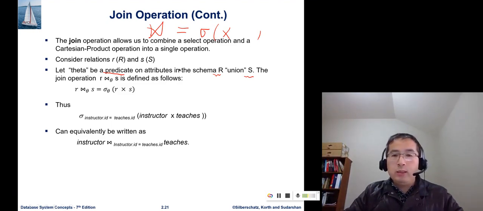That means it can cover all the attributes which appear in R and in S.